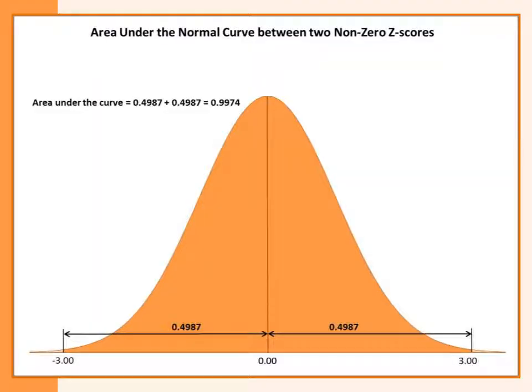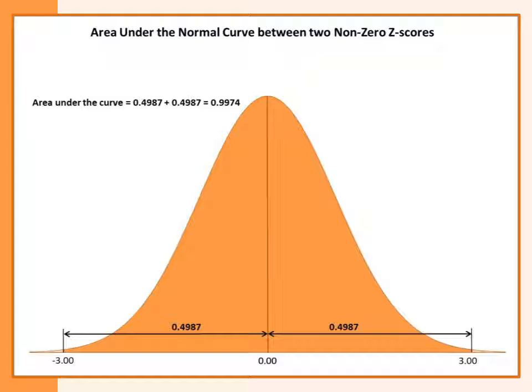Placing both z-score values onto our standard normal curve, we see that 0.4987 proportion of the curve falls between the mean of 0 and a z-score of minus 3, and 0.4987 proportion of the curve falls between a mean of 0 and a z-score of 3.